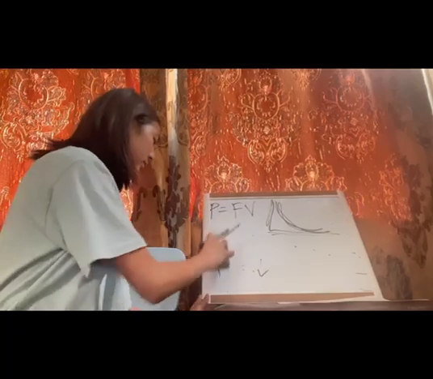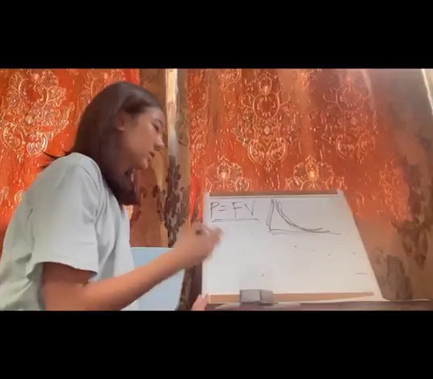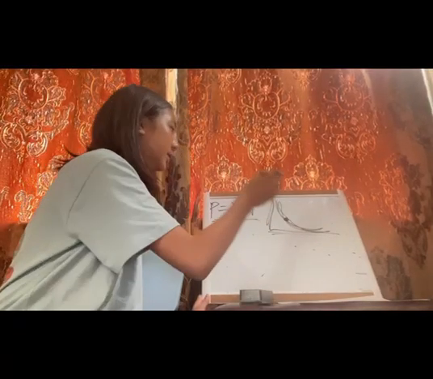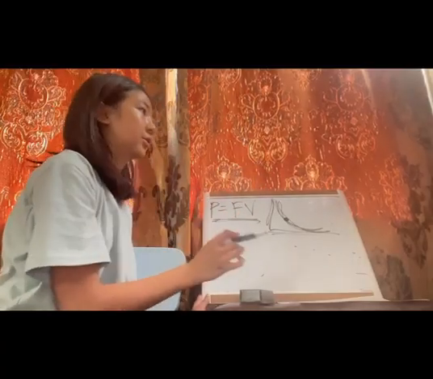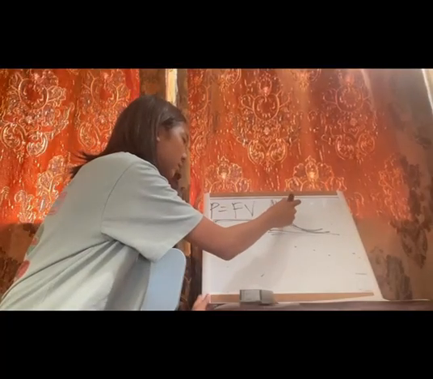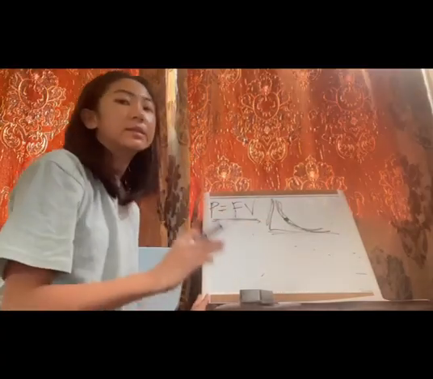And this equation works at a certain instant. This is always true at a certain instant. For example, at this point, P is equal to FV. At any certain point, P is equal to FV.